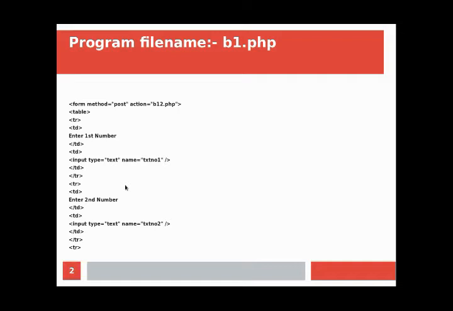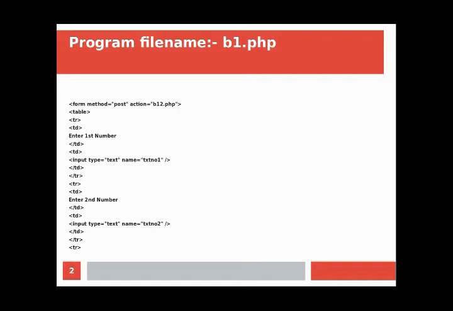Again we close that td, and start another td. Then input type equal to "text", again creating a text box, with the name text number 2. So for text number 2 we have created this text box.